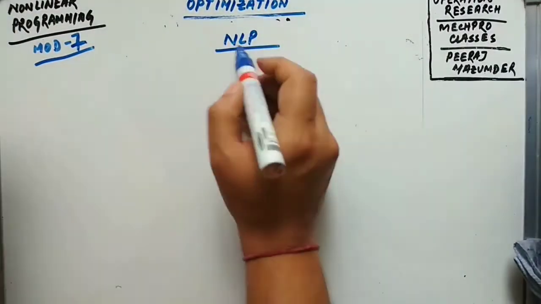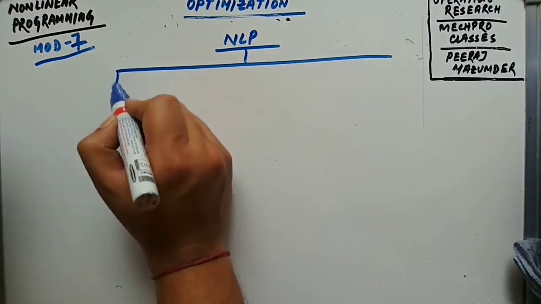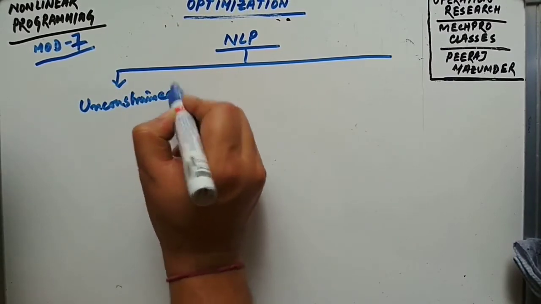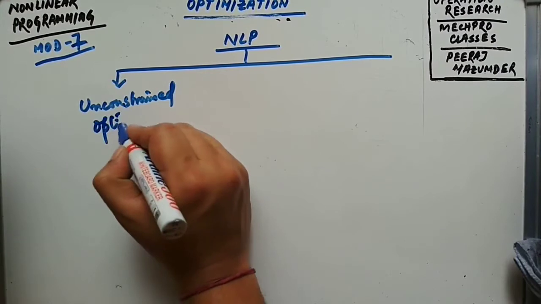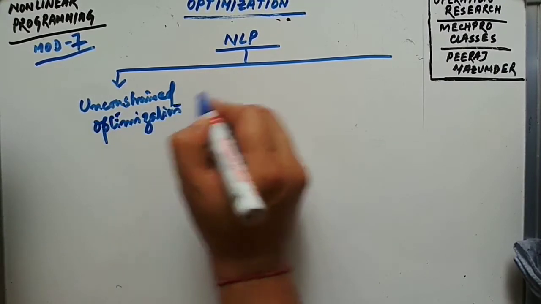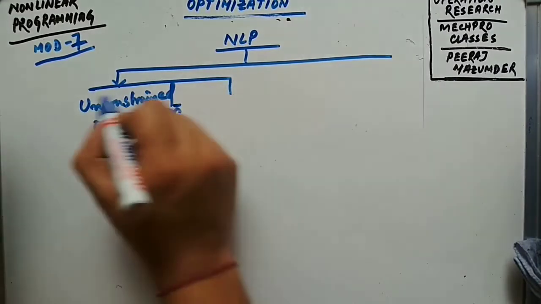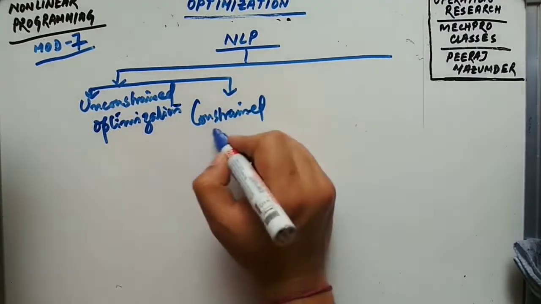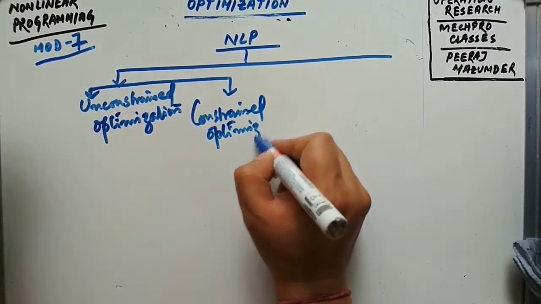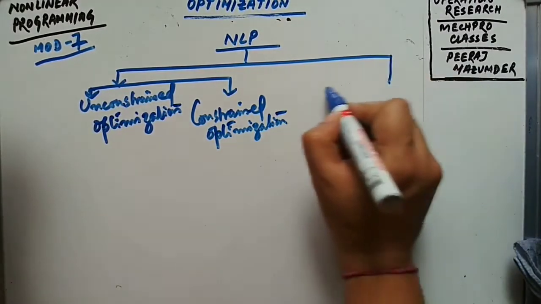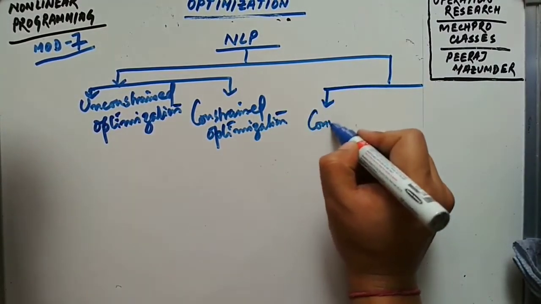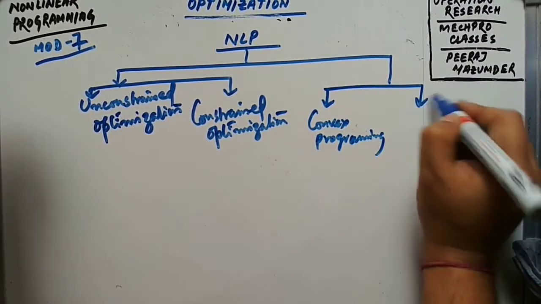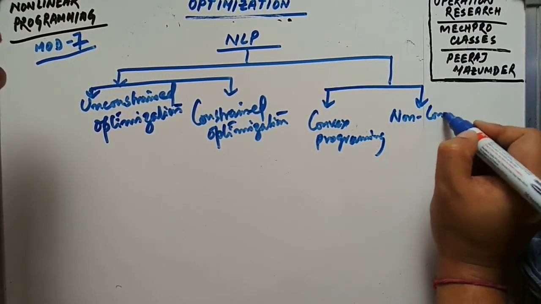Say this is the NLP, and we are going to solve unconstrained optimization and constrained optimization. In the second part, we have convex programming, and we also have non-convex programming.